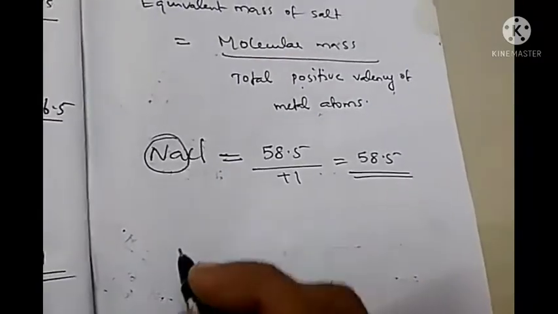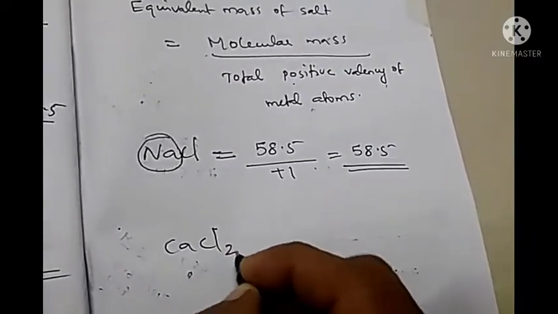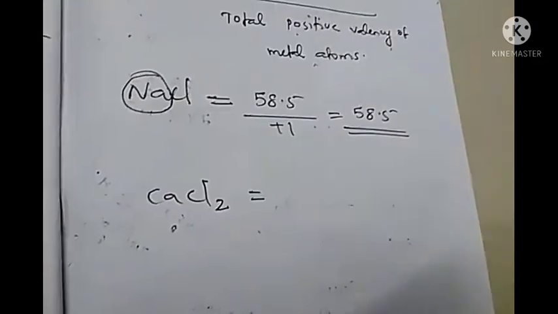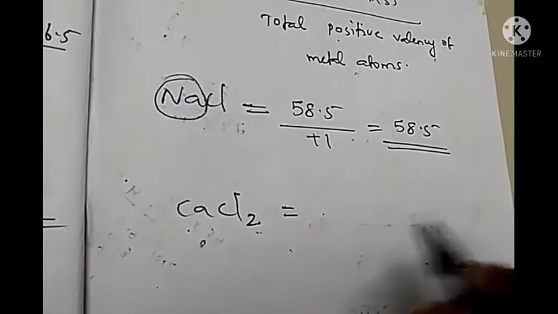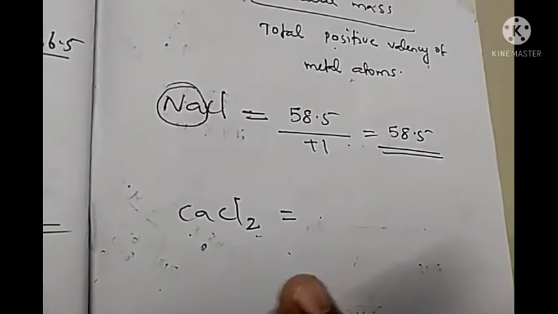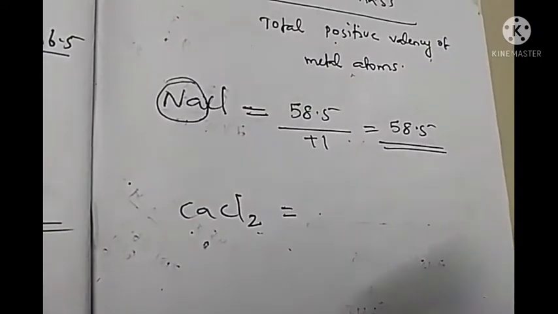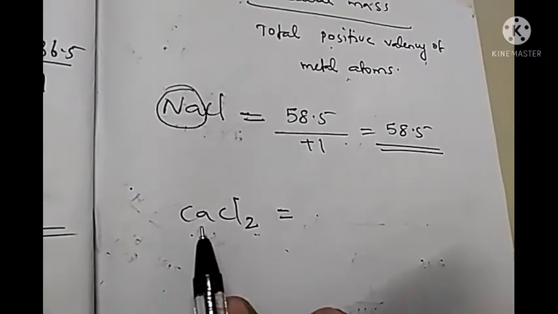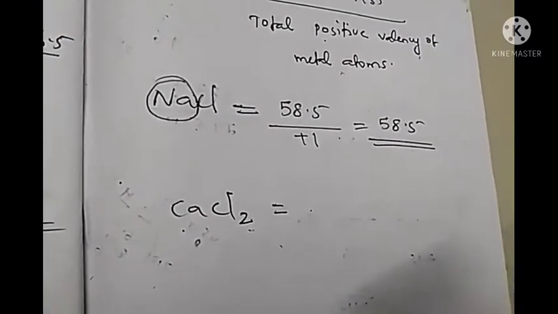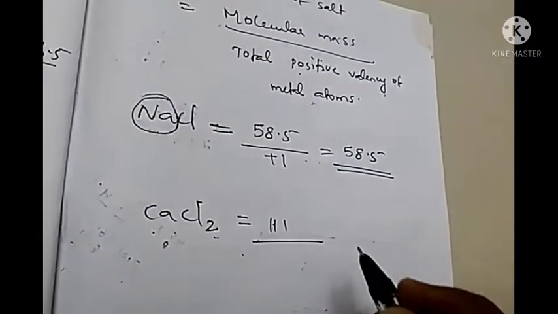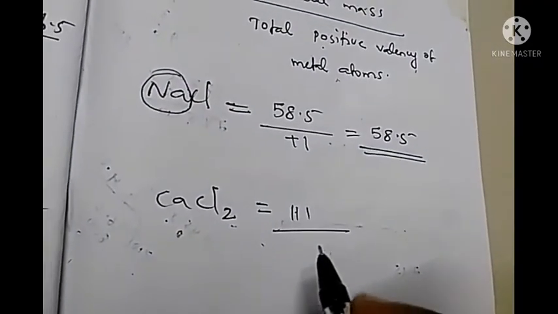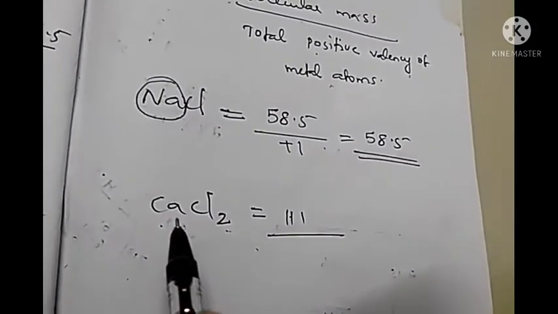Then for calcium chloride, CaCl2, what will be its equivalent mass? It will be equal to its molecular mass divided by the positive charge on the metal atom. Its molecular mass is 111, divided by the positive charge on the metal atom.